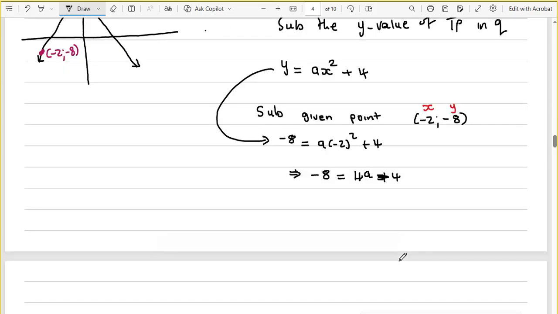Let's bring the 4 to this side to be negative. Then divide. If we subtract the 4, we get -12. Let's divide both sides by 4. What is a? So 4 goes into 12 three times.